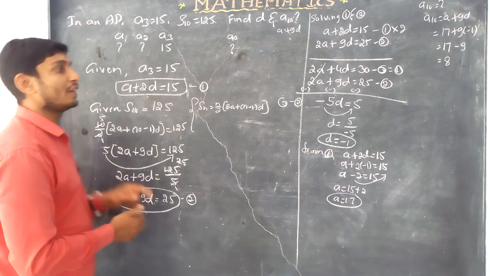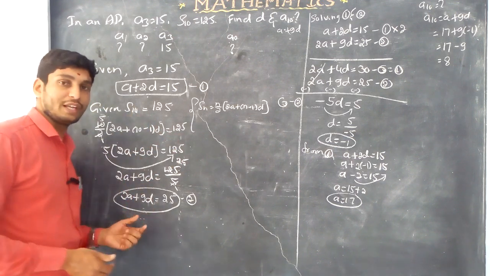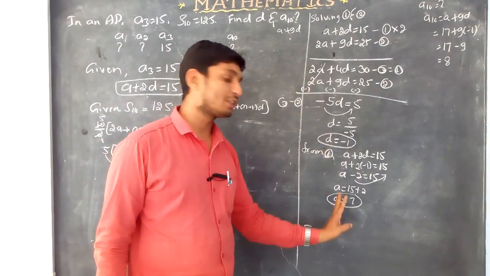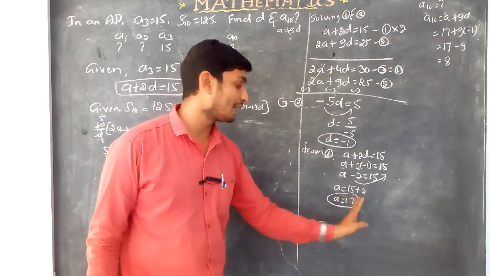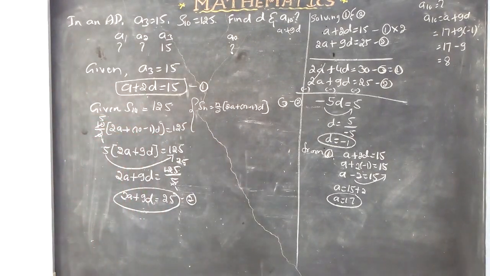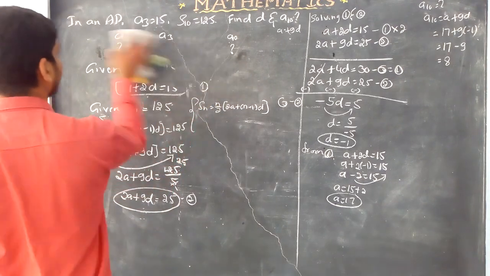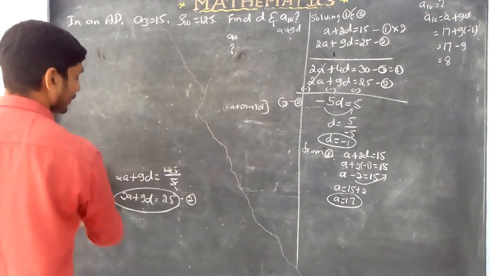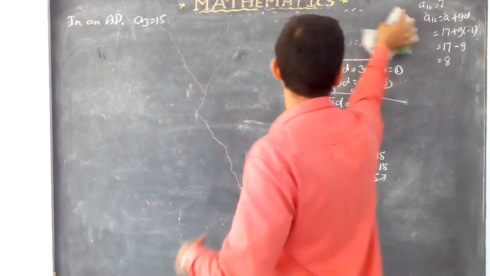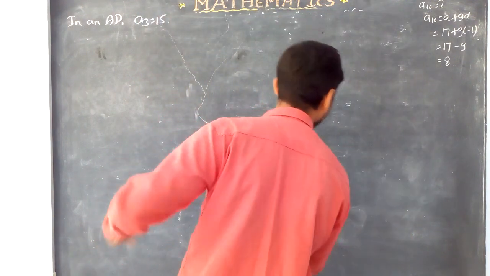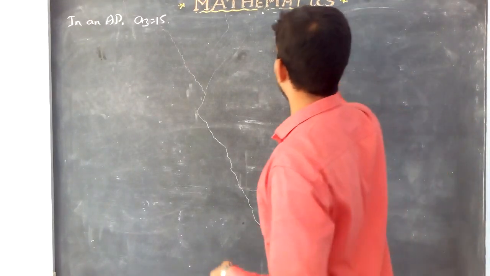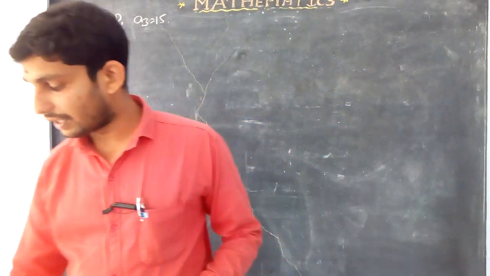Simplify it and you will get one more linear equation in two variables. If you solve these two linear equations you will get d equals minus 1, and if you substitute in one of the equations you will get a equals 17. With a and d you can find the 10th term. The formula for the 10th term is a plus 9d. Use that formula and you will get the answer, which is 8. Hope you understood it.